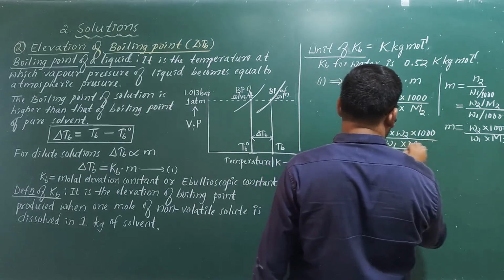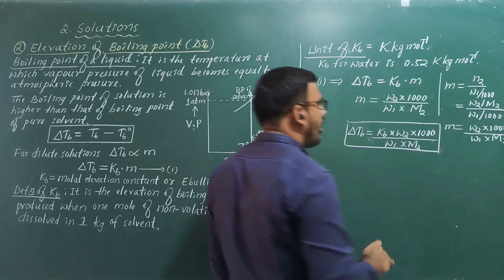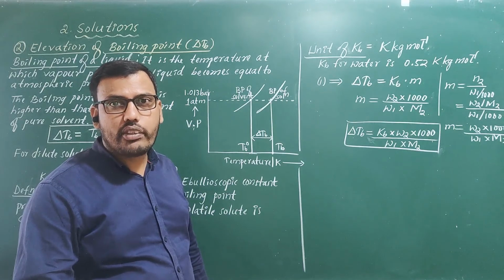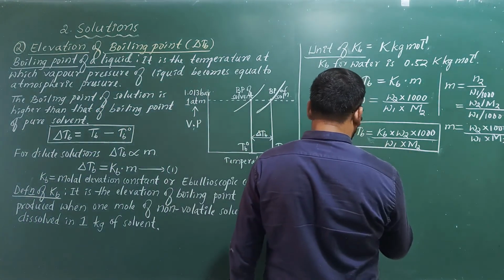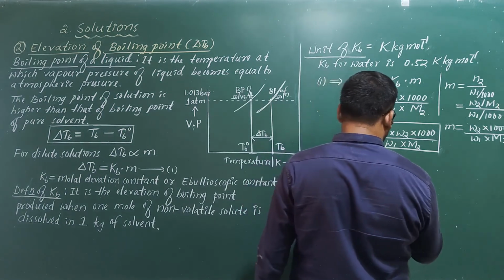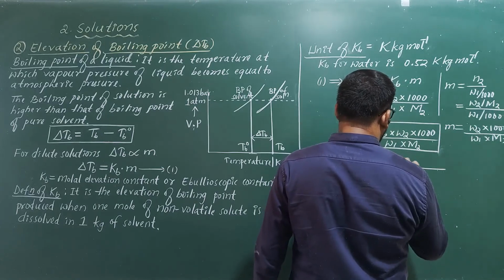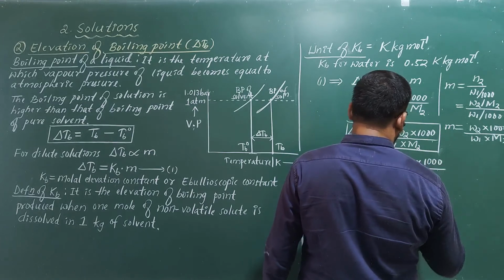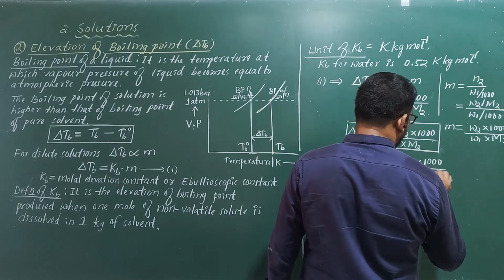This expression is important to solve the problems on molar mass of solute. For the calculation of molar mass of solute, this equation will take the form M2 is equal to Kb into W2 into 1000 divided by W1 into delta Tb.